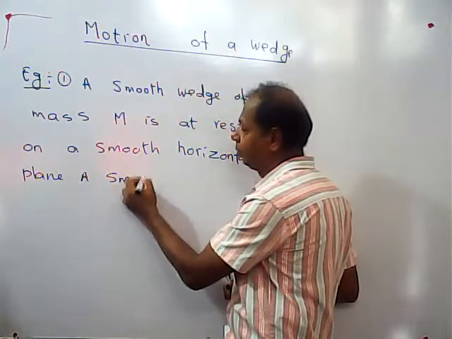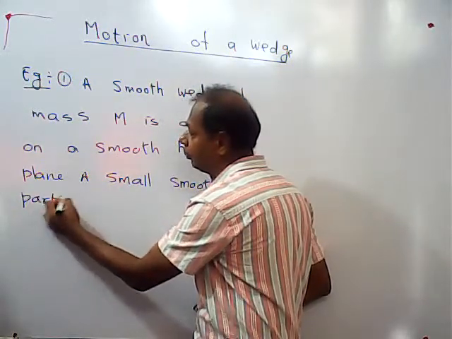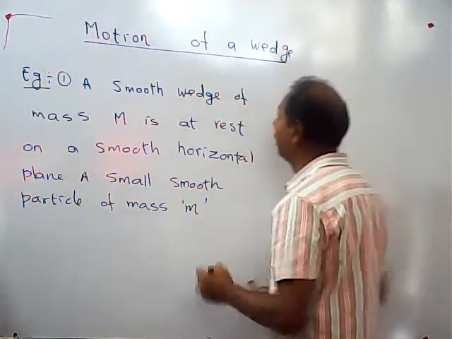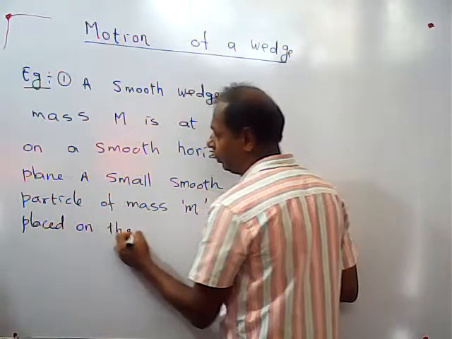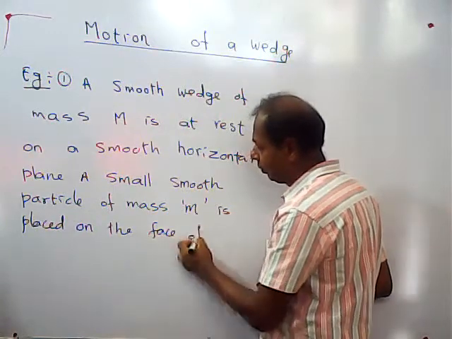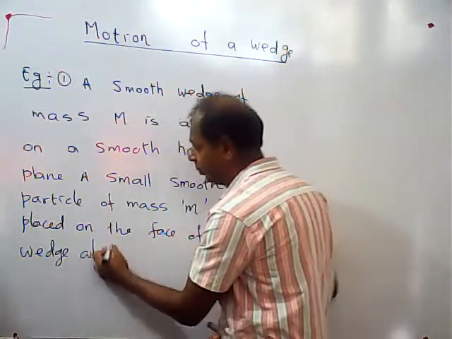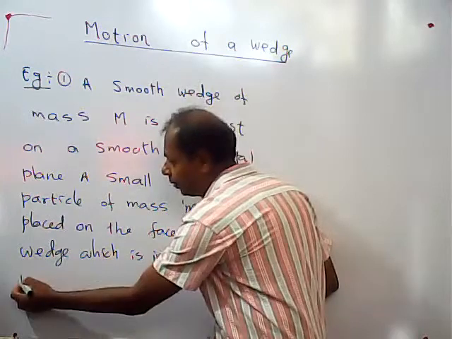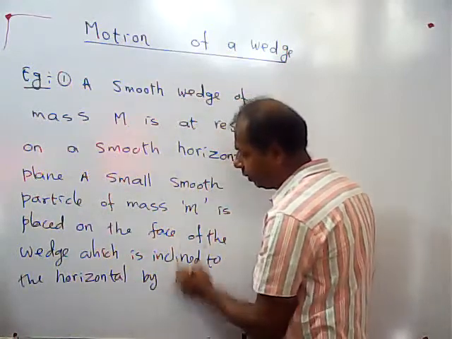A small smooth particle of mass small m is placed on the face of the wedge, which is inclined to the horizontal by alpha.